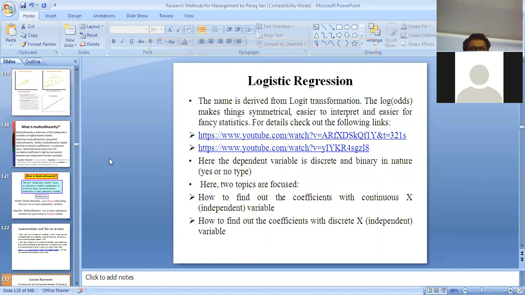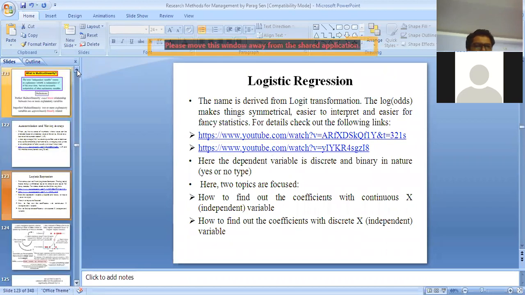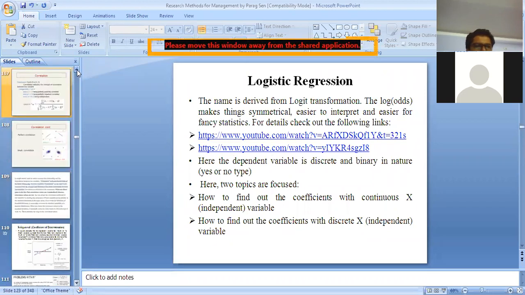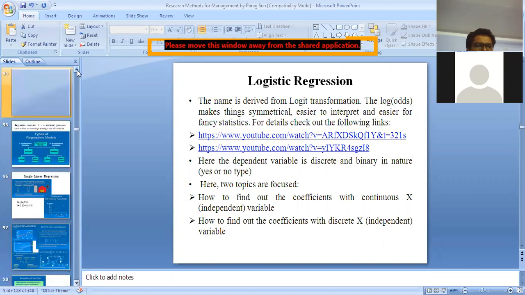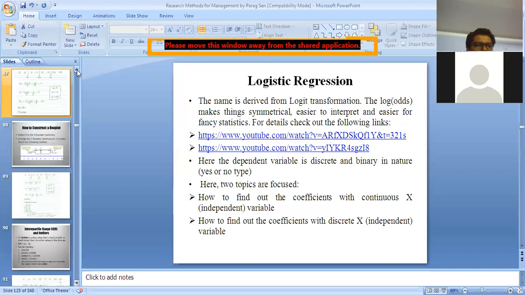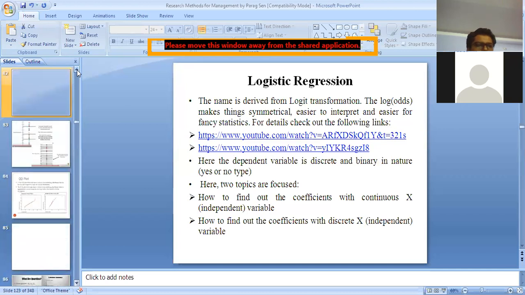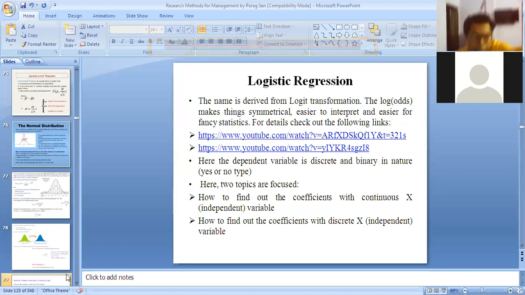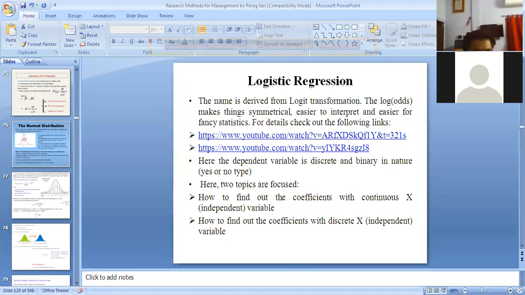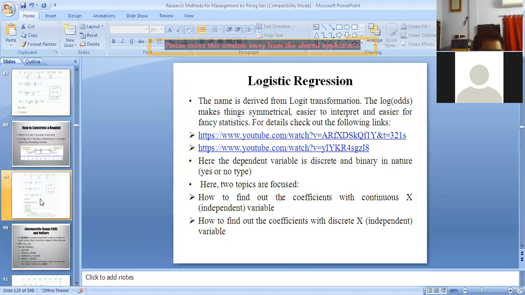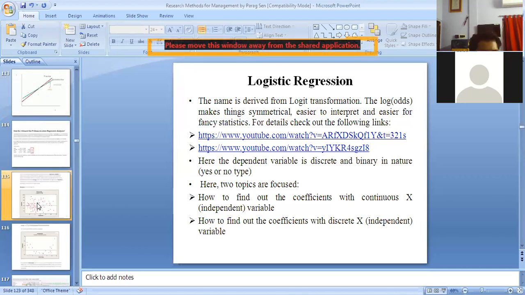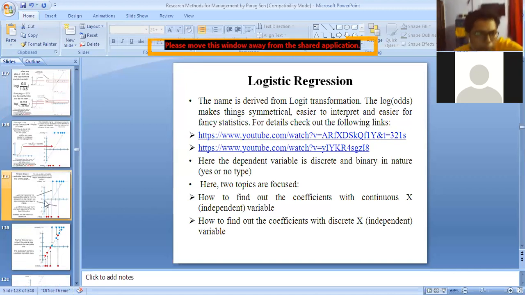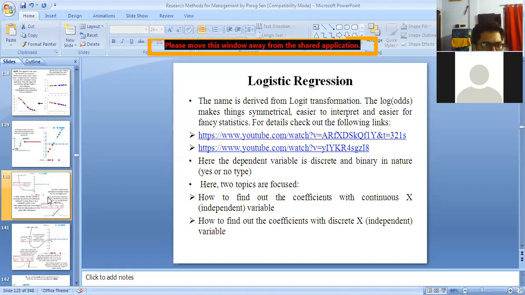Now I will discuss logistic regression, but before logistic regression, I should talk about another important concept known as maximum likelihood estimation, because it is a prerequisite, you can say, for applying or implementing logistic regression.